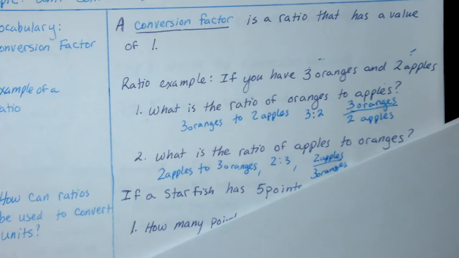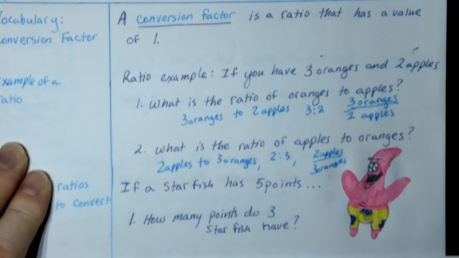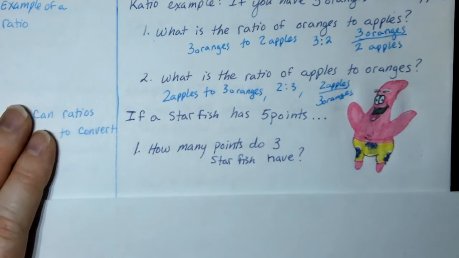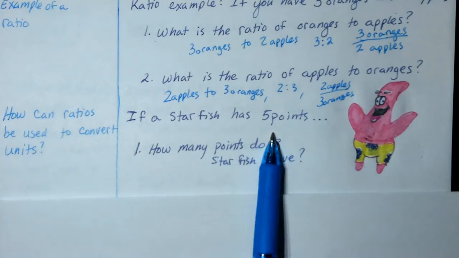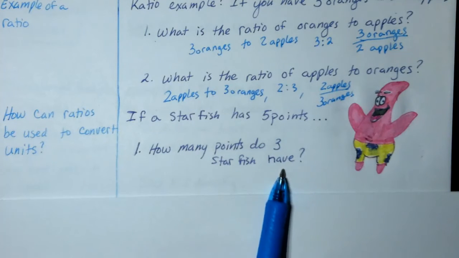Probably nothing groundbreaking, nothing new and exciting. So let's move on. If a starfish has 5 points and looks like this lovely guy right here, so starfish, you know what that is. They could have a whole bunch of little pointy thingies, or they can look just like Patrick here, and they can have 1, 2, 3, 4, 5. So if a starfish has 5 points, how many points do 3 starfish have?